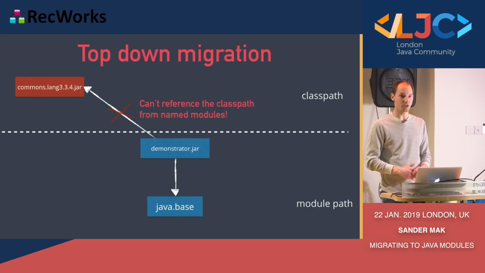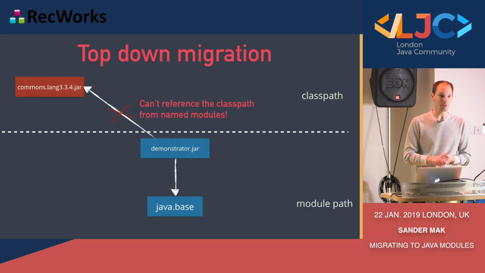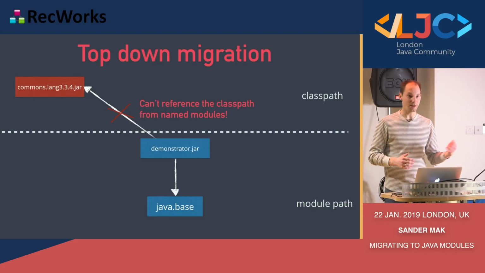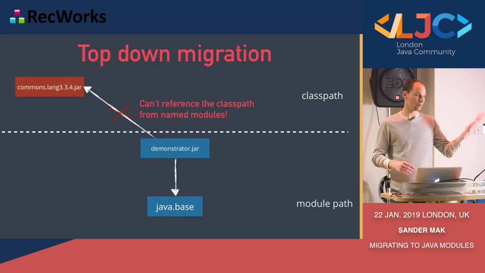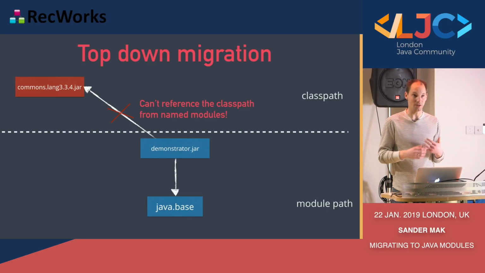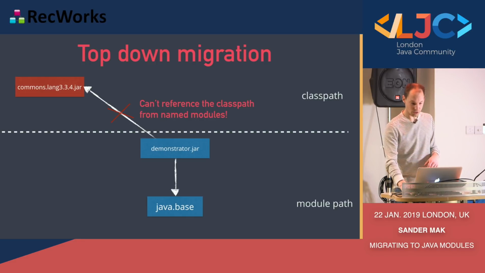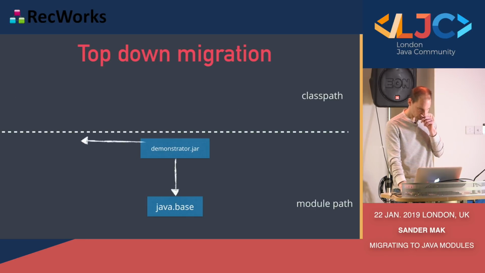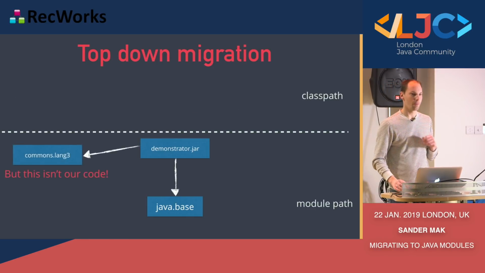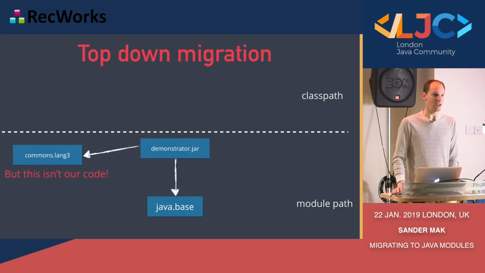But that's a problem, because then we would need to add a module descriptor to this demonstrator jar, and we need to somehow reference our dependency. But commons lang is not a module yet. It doesn't have a module descriptor, so it doesn't have a name that we can refer to. So how to solve this? Well, we could, of course, maybe patch commons lang and add a module descriptor ourselves.